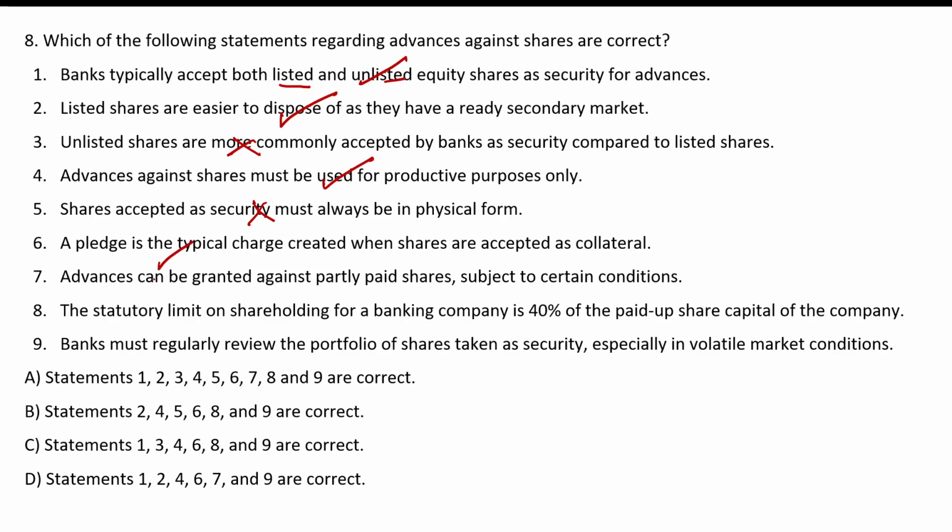Yes, this is correct. Advances can be granted against partly paid shares subject to certain conditions. So yes, advances can be granted against partly paid shares as well, but proper precautions are to be maintained and certain conditions are to be met. So this statement is also correct. The statutory limit is 30% and not 40%. That's why this statement is not correct.